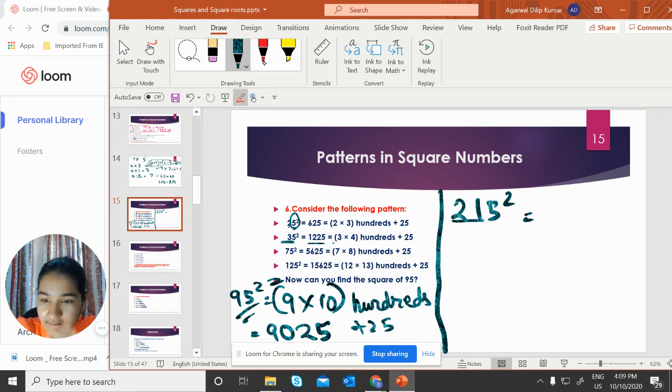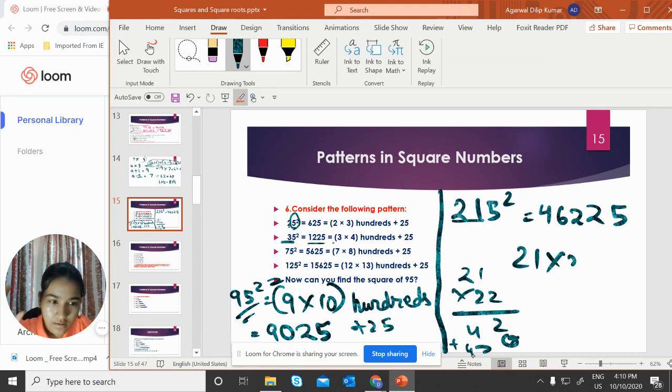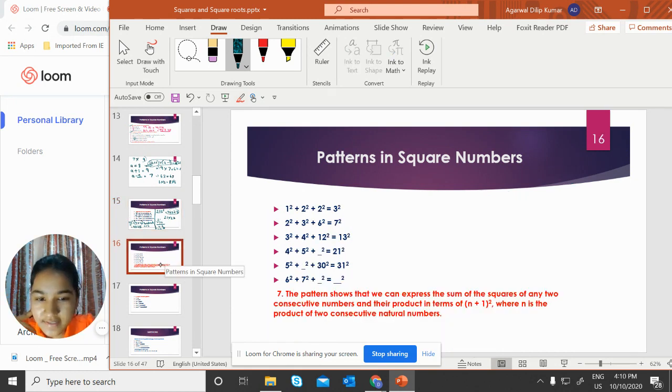Just skipping the 5, the rest of the number we take. What's 21 into 22? It's going to be 462. 462 hundreds plus 25. The number which we get by multiplying with its successor, we'll just put 25 to it. We get the answer. Okay? Isn't it simple? Yes.